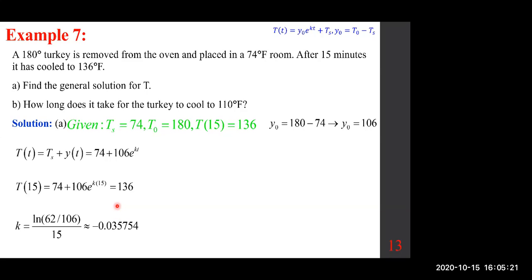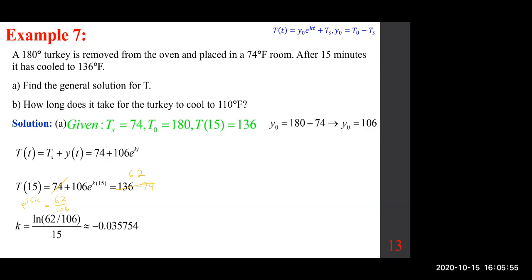Of course, 136 minus 74 gives you 62. Let's see, e to the power of 15k is 62 divided by 106.